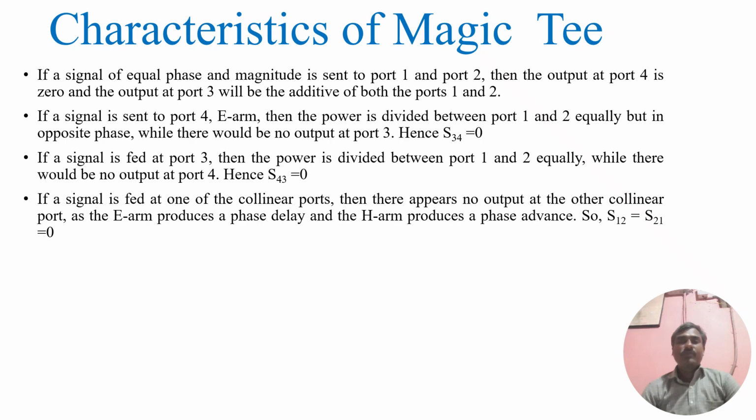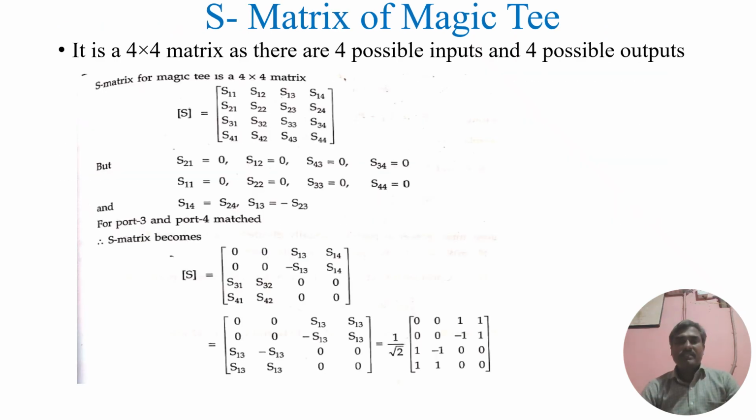As the magic T has four ports, the scattering matrix of the magic T will have the dimension of 4 cross 4. Then by using the properties, any signal fed at a collinear port will not appear at the other collinear port. So we can write S21 is equal to S12 equal to 0.